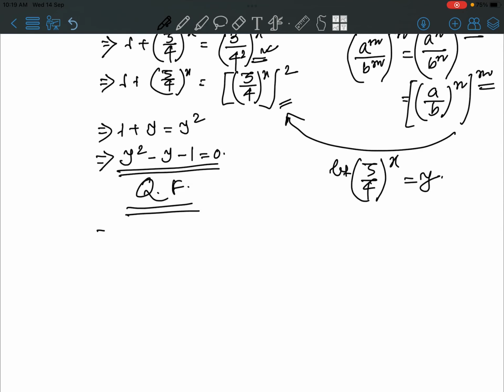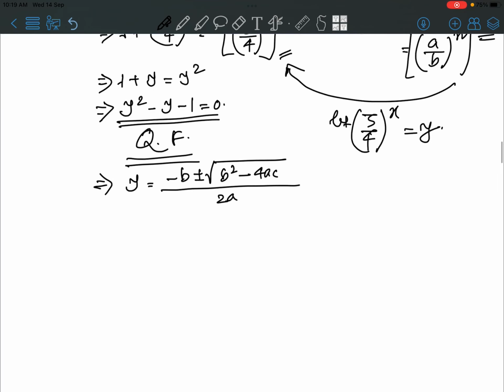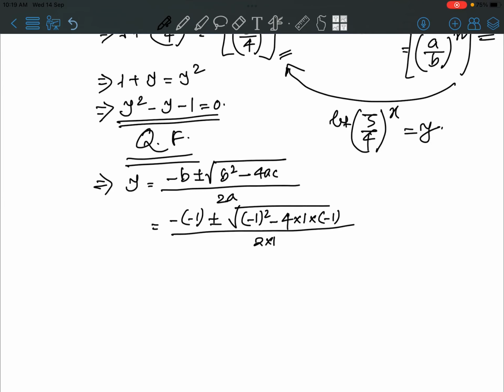The quadratic formula is y equals minus b plus or minus root of b squared minus 4ac, divided by 2a. So here b equals minus 1. So minus of minus 1 plus or minus root of (minus 1) whole squared minus 4 into a equals 1 into c equals minus 1, divided by 2 into 1.